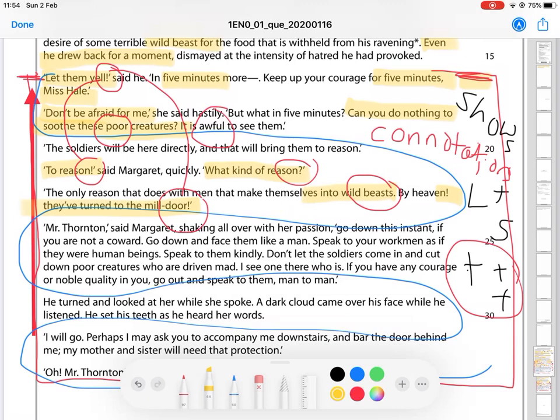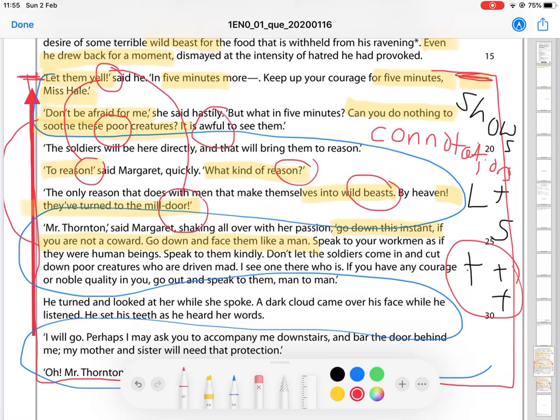I don't even think you need me to explain that. She ain't happy. Alright, how do I know she's not happy? Well, we've got more imperative language. Imperative language: commands, orders. She tells him what to do. She's annoyed now. The difference between this bit and that bit there: she started off by saying, can you do nothing?